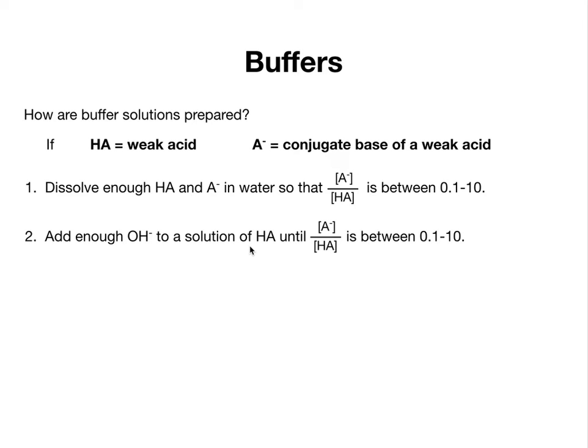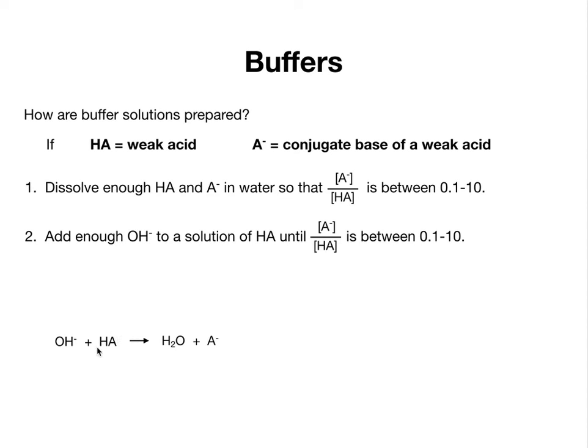But if we have a solution of a weak acid and we add hydroxide ion to that, what can happen as a result of that? Some of the weak acid is converted into what? The anion of the weak acid, in other words, the conjugate base of the weak acid.